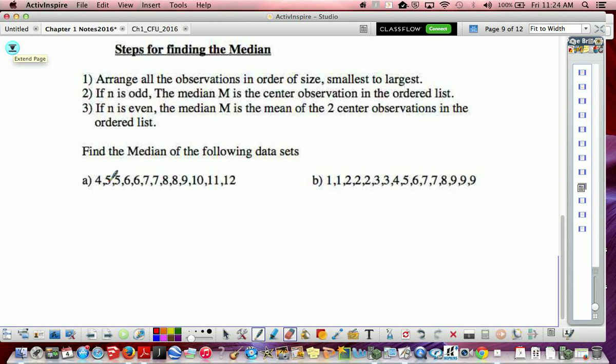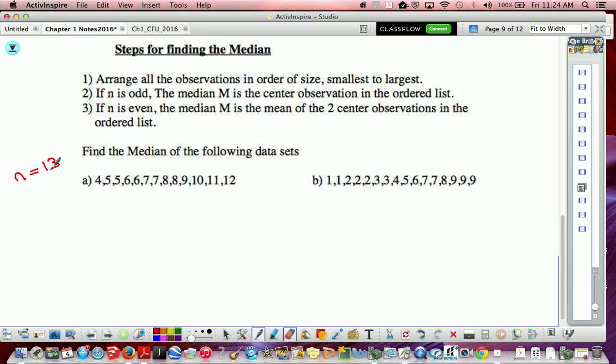So like on this first one, if I want to find my median, I'm going to count how many data points I have. 1, 2, 3, 4, 5, 6, 7, 8, 9, 10, 11, 12, 13. Okay, so I have 13 data points here. Now when it's a small data set, lots of you might go like this with your fingers on one end and the other and you just count until you get to the middle. I'm okay with that.